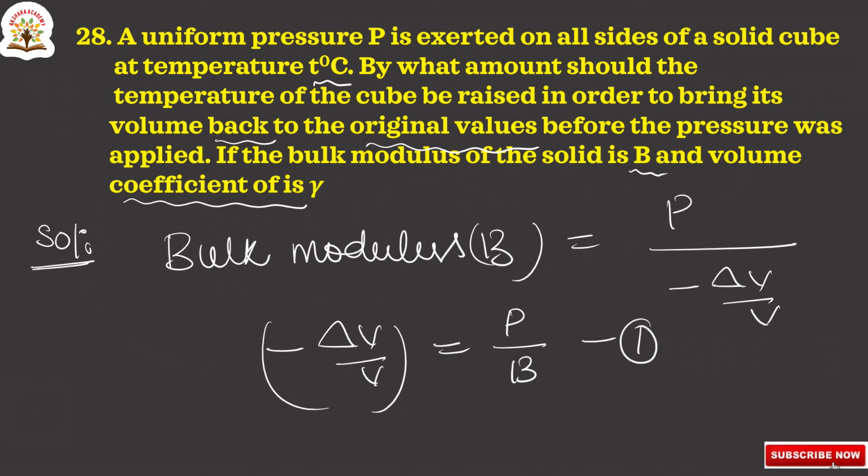From this we write gamma is equal to delta V by V into delta T. So delta V by V is equal to gamma into delta T. Consider this as equation number 2.